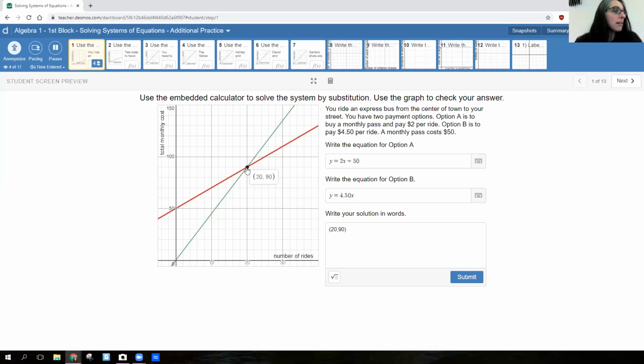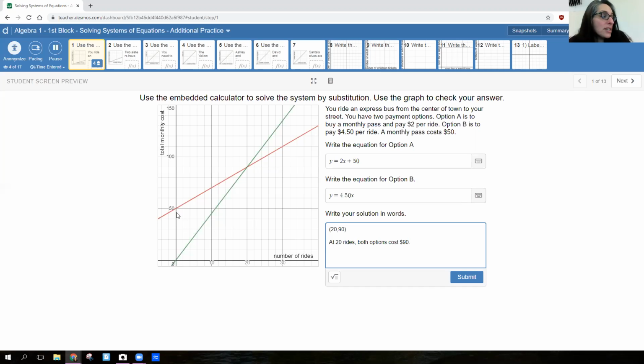Well, both options cost 90 bucks at that point. So you could say at 20 rides, both options cost $90.